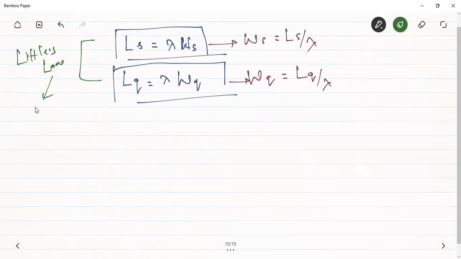And what does Little's law give us? It gives us the relation between the length of the system and waiting time in the system.